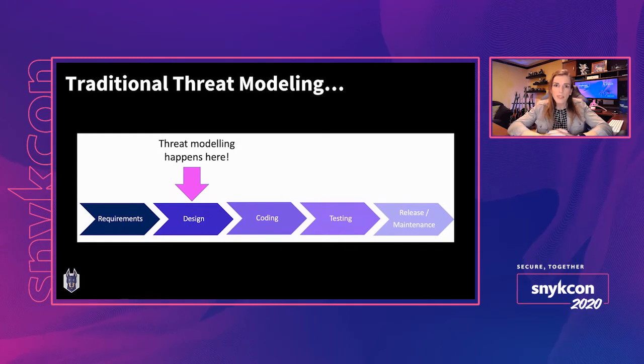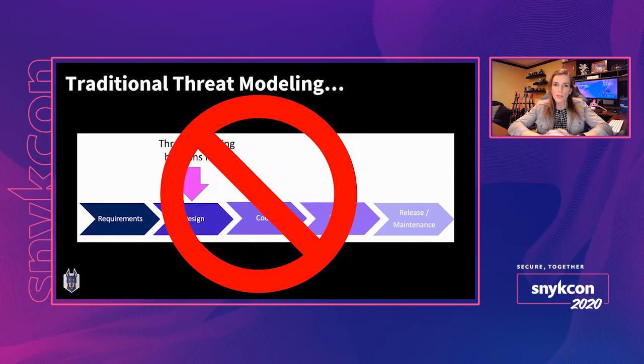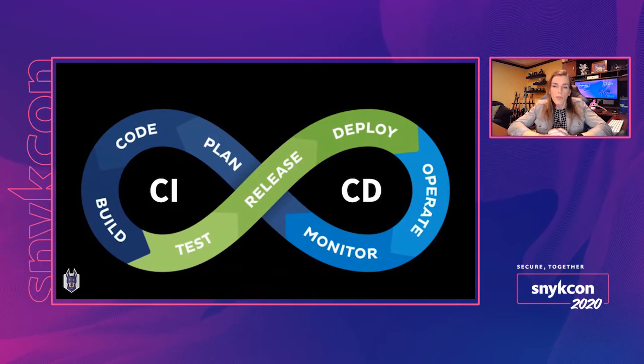But we're talking DevOps. That doesn't happen anymore. We don't have the luxury of these long design cycles. And in fact, if we're moving to CI/CD, there is no room for that whatsoever. Anything that's going to slow down this pipeline breaks this pipeline. So we need to become more dynamic.